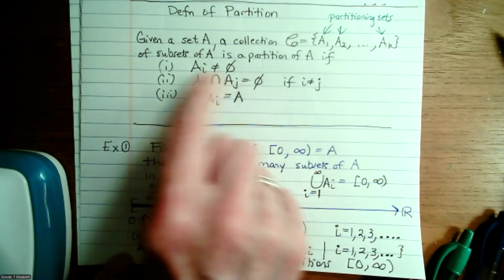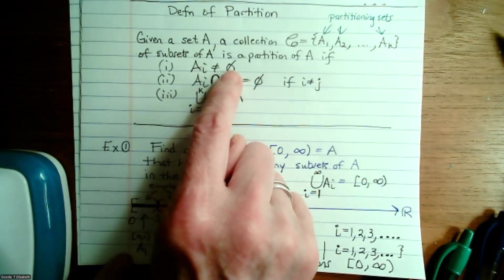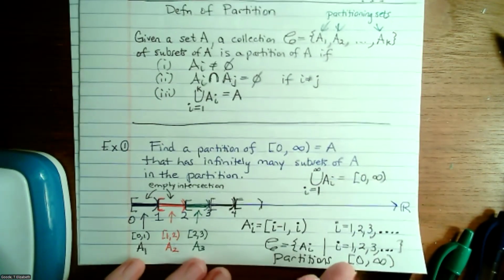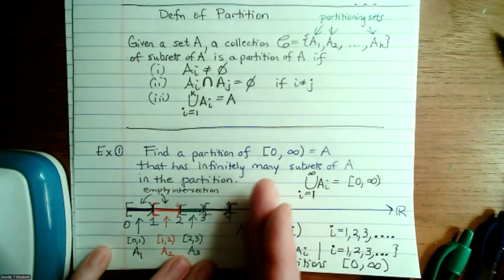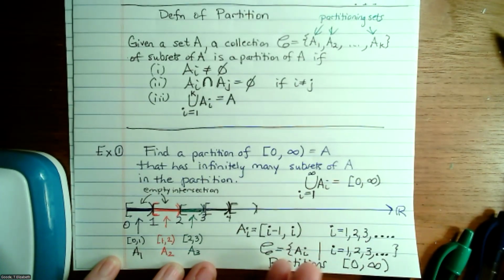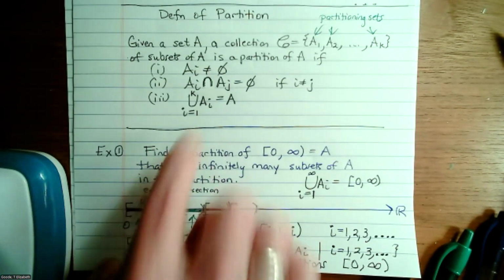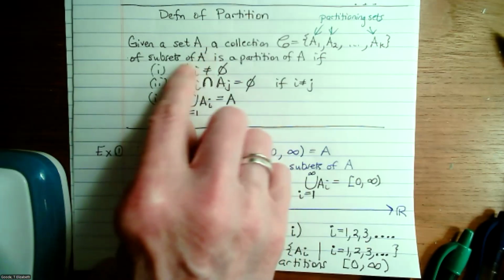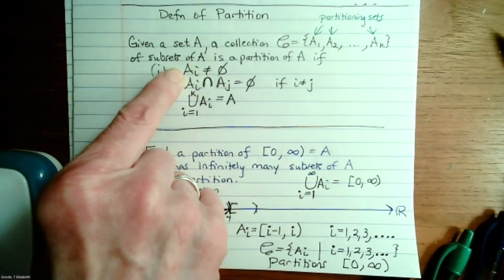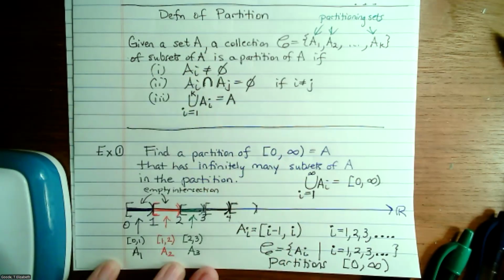So this is almost just sort of a technicality so that things don't get ridiculously silly, where you wind up with a partition that's got 100 empty sets as subsets. Technically, the empty set is a subset of A, but it doesn't help you build A, if you know what I mean, when you take the union. So this is more just a technical kind of don't do something silly.